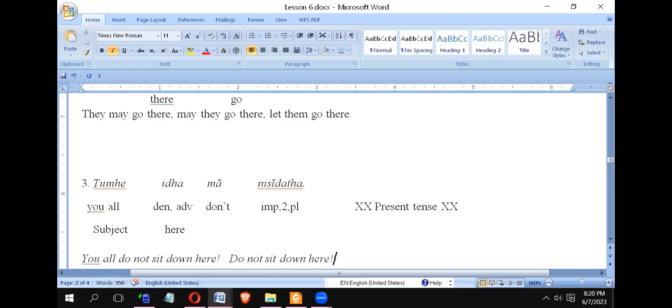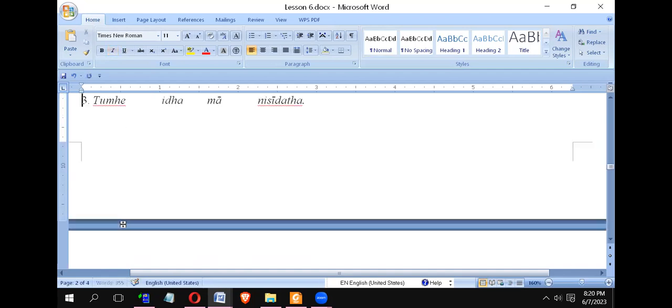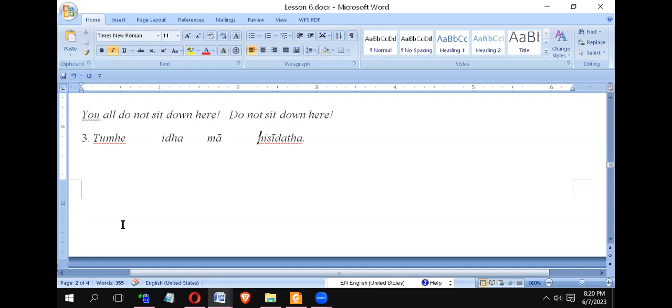Yes, Lisa, you want to ask something? If there's no "ma", and they want to have this sentence in positive, how do we know that this is an imperative or present tense? Let's say we take away the "ma". How would you translate this sentence? You all sit down here. This is present tense.